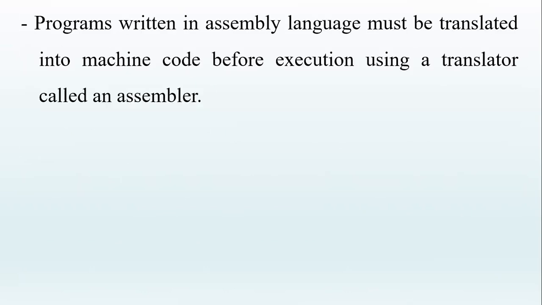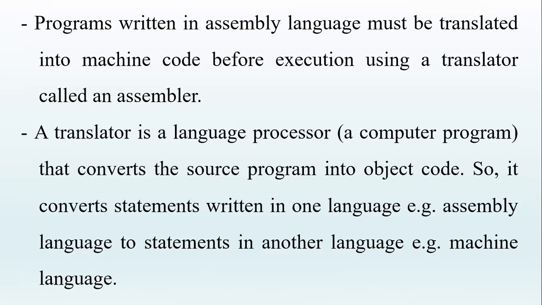The programs written in assembly language must be translated into machine code before execution using a translator that we call an assembler. A translator is a language processor or a computer program that converts the source program into object code.